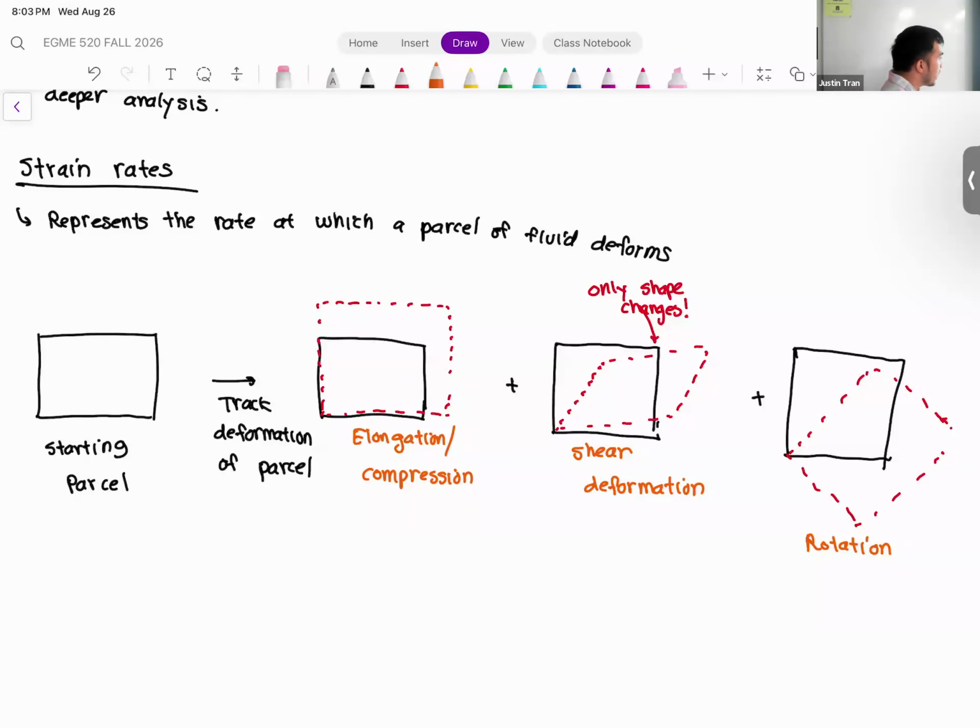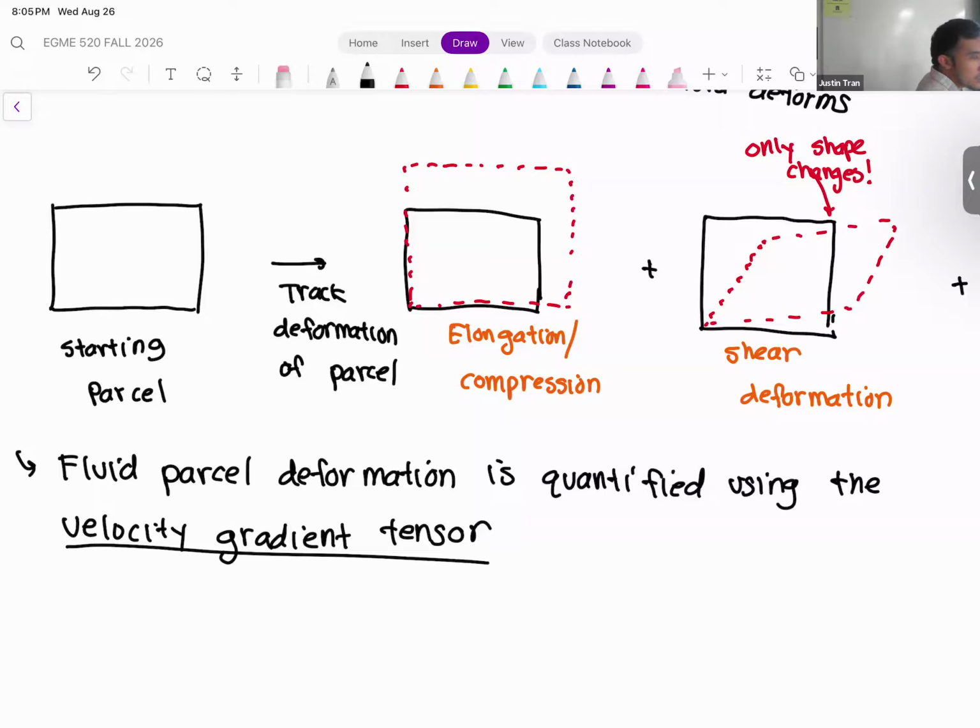If you've never heard the term tensor before, a tensor is just a way to describe a matrix. It's actually a more general term than matrix. A matrix usually describes some two-dimensional construct, but you can actually have tensors in 3 dimensions. You can have tensors in 4 dimensions, as hard as that is to realize. Thankfully for fluids, we don't go beyond 2 dimensions. So we have just 2D tensors, which are just matrices. But I just want to give you some trivia in terms of what tensors are.